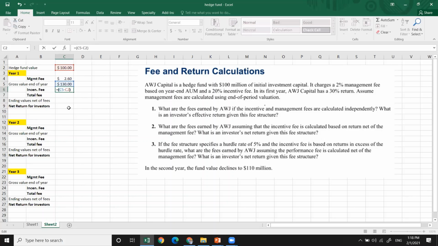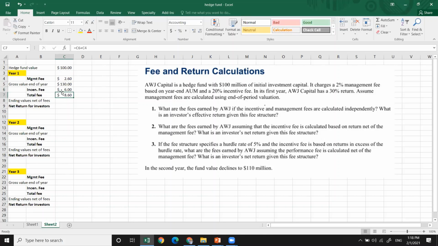Yeah, just multiply by the incentive fee rate. So this much he gets as incentive fee, calculated as 6 million. And the total fee is 6 million plus 2.6.